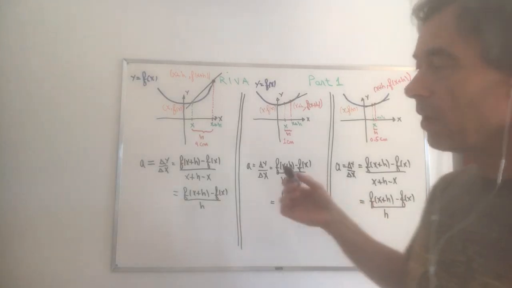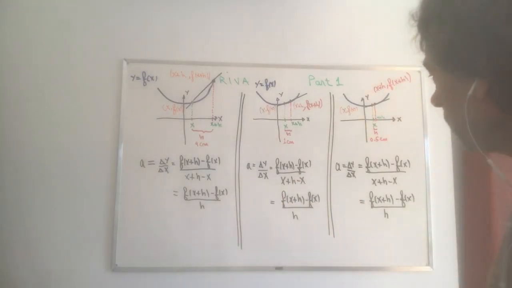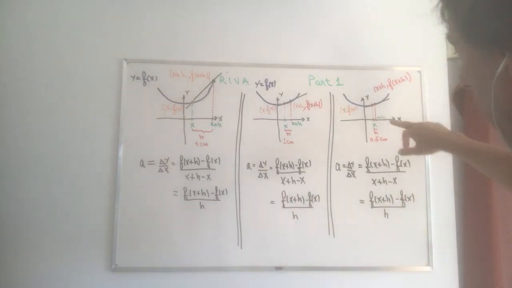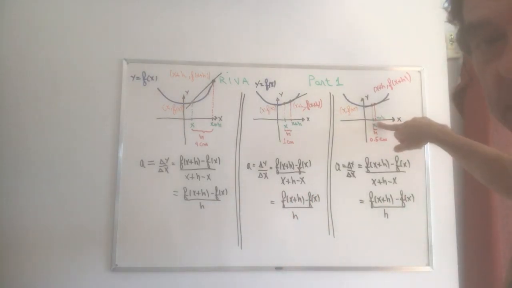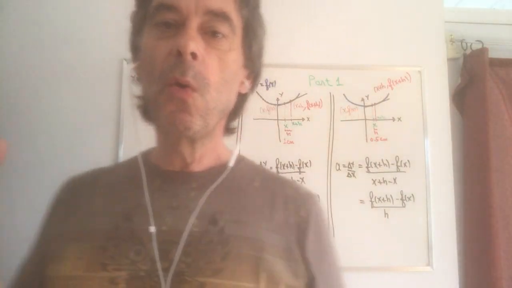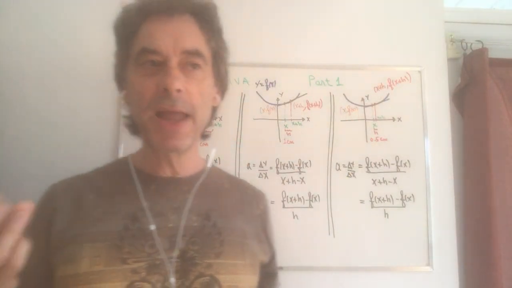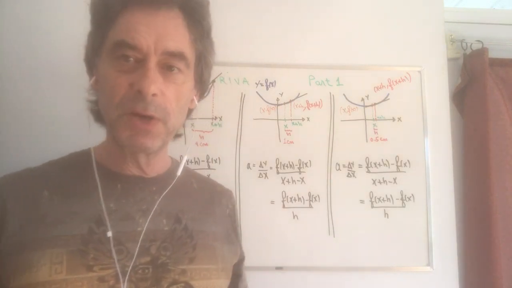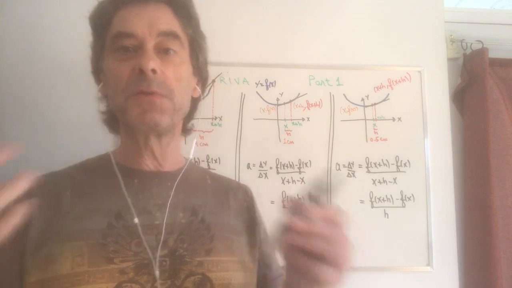Now, what I would like to do here is ponder what's going to happen when this h, which is already very small, 0.5 centimeters, is made even smaller. What would happen if I shrank this h to 0.1, 0.01, 0.001?